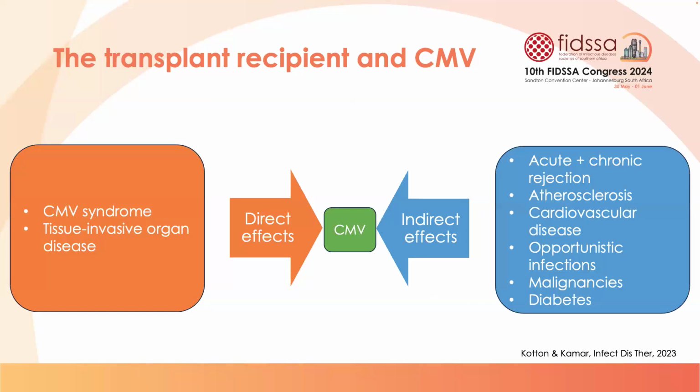This can include an increased rate of acute and chronic rejection, as well as increased cardiovascular disease, increased rate of other opportunistic infections and malignancies, and also metabolic consequences such as onset of diabetes, more associated with transplant patients with CMV.